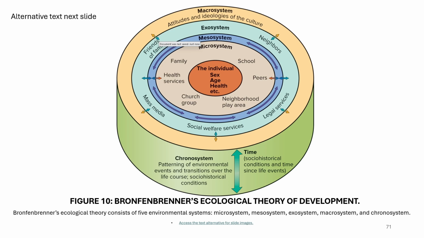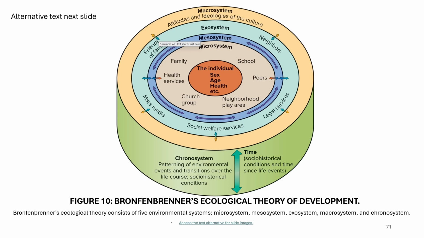The fourth circle, the exosystem, contains outside entities, such as friends of the family, neighbors, legal services, social welfare services, and mass media. The exosystem factors exert influence over mesosystem relationships. This is illustrated with arrows pointing from the exosystem to the mesosystem. The exosystem is also influential. Arrows are pointing outward on the 5th and outer circle, the macrosystem.